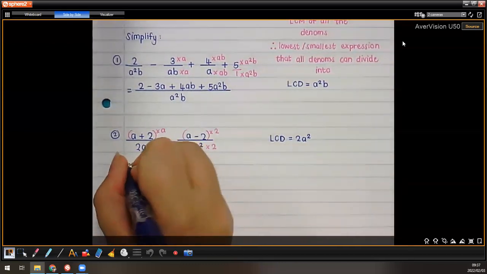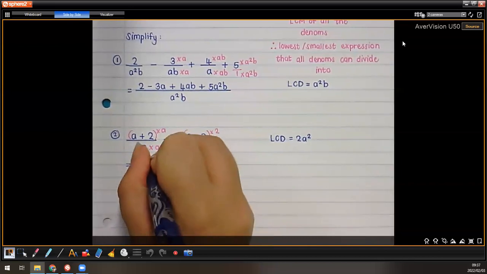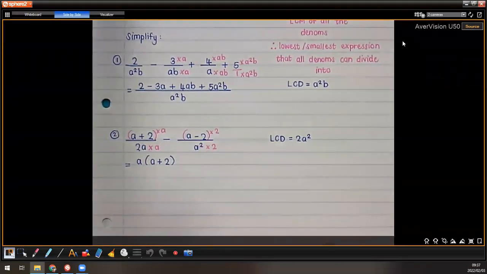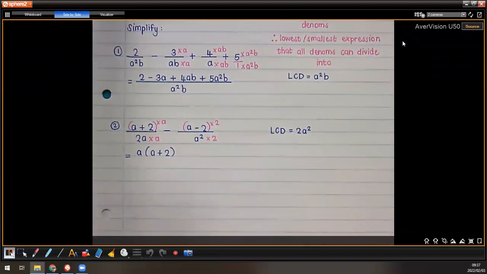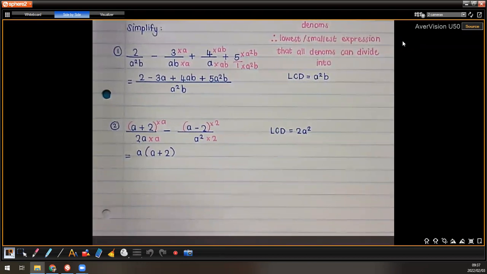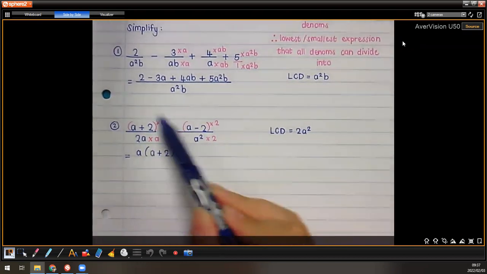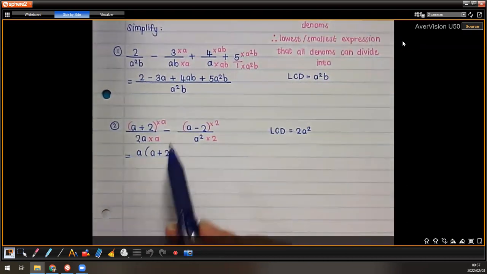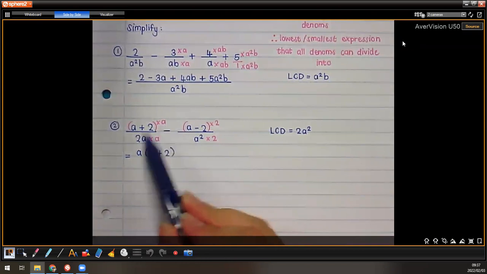Right, let's do that. You could start multiplying it in straight away, but I'm just going to write it out like this at first. I'm just going to put that a in front. Normally, when we have something that we multiply into a bracket, we put it in the front. So guys, there's a minus in between two fractions.